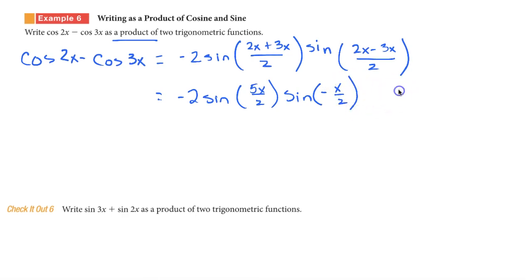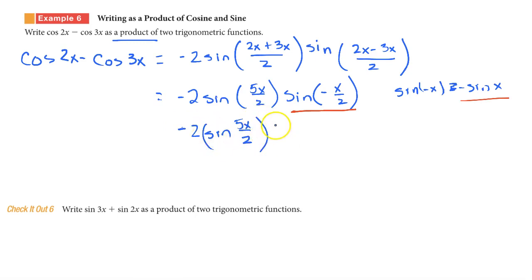Remember that sine of negative x equals negative sine of x. So we're going to replace this sine of negative x over 2 with negative sine of x over 2. So we get a negative out here, sine of 5x over 2 times negative sine of x over 2.